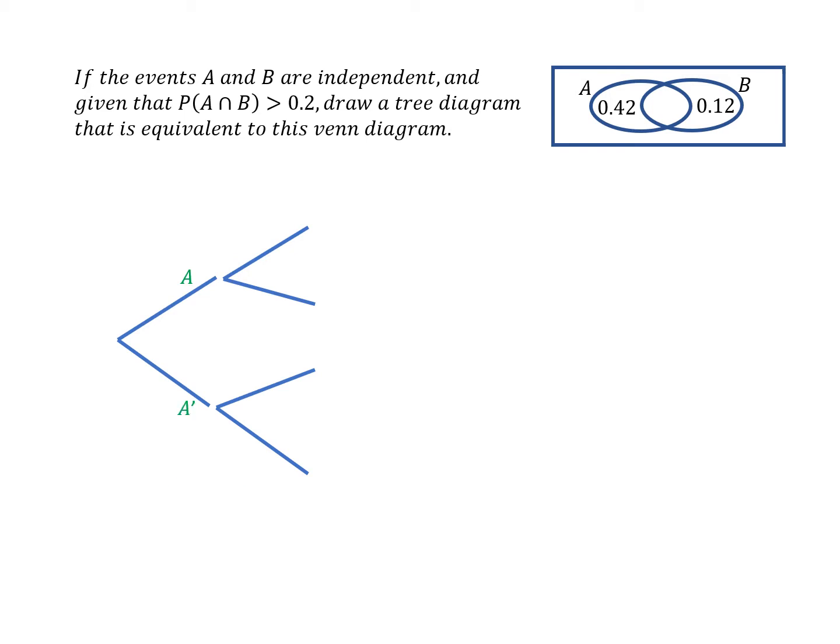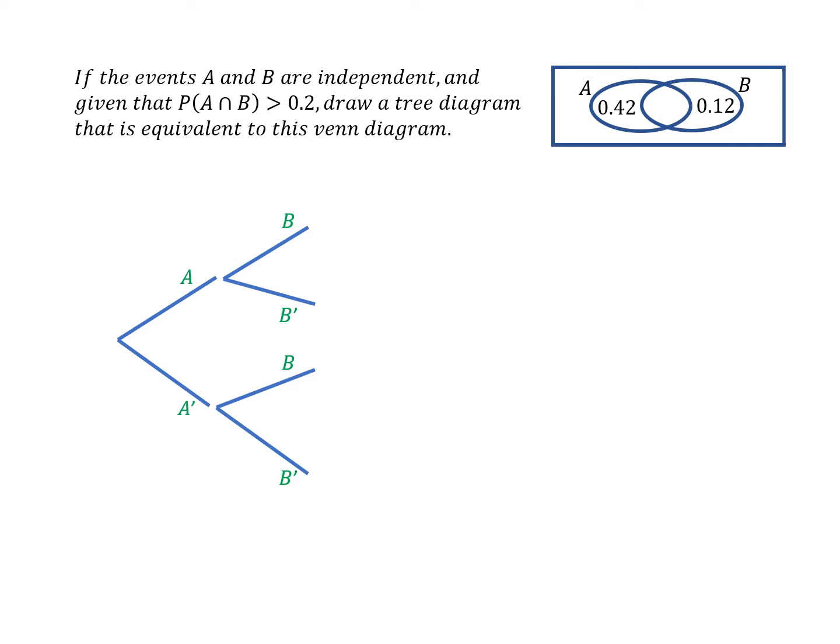So instead, I'm putting A and not A as the first two options, the first event, and then B and not B as the subsequent options on the second event. So now we can put some information from the Venn diagram onto this tree diagram.